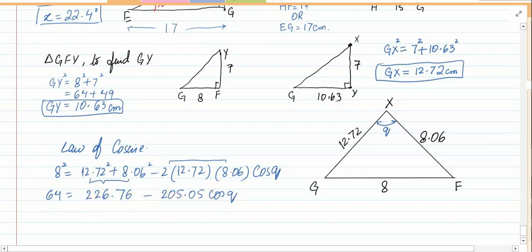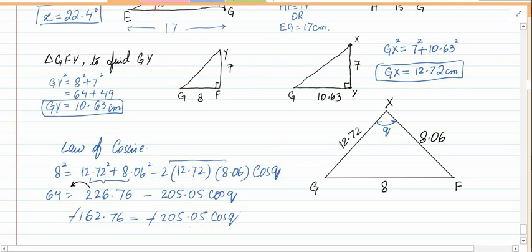So what you need to do is shift 226.76 to the left side. So it will be 64 minus 226.76, which is minus 162.76, equal to minus 205.05 cos Q. Minus minus cancel each other, right?